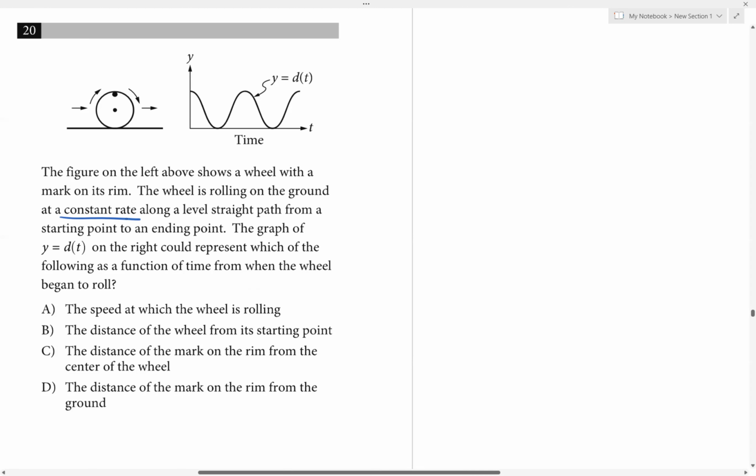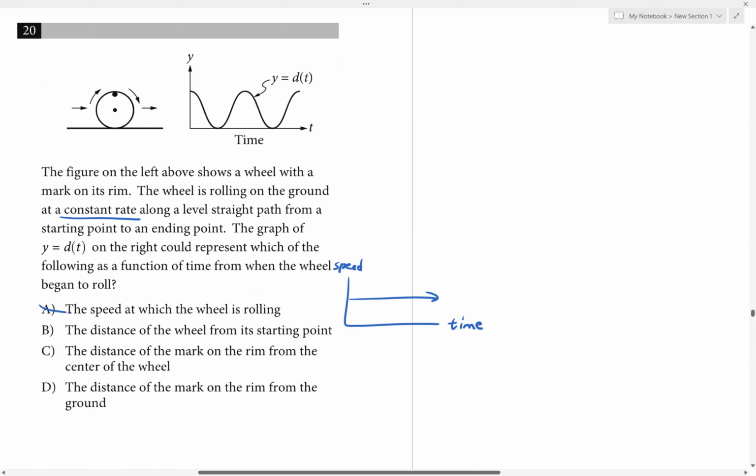So if we graph the speed, it won't be this kind of curve. It should be just a flat line, because it's a constant speed. As time goes on, the speed will maintain the same, so it won't go up and down. So it's not A.